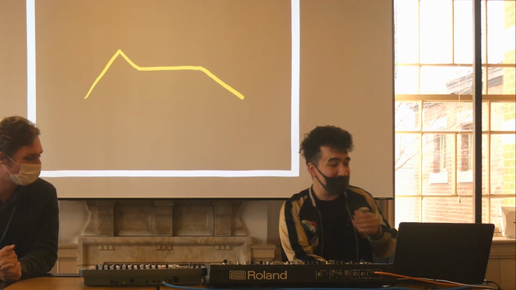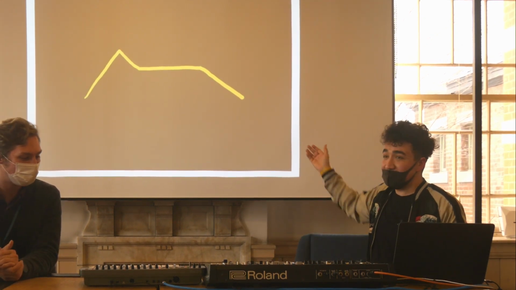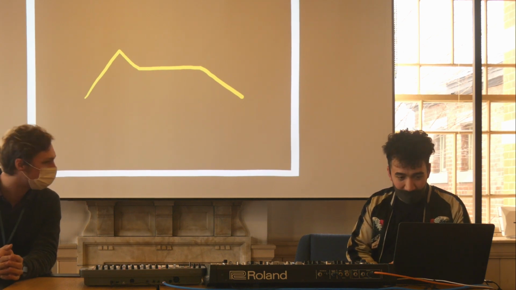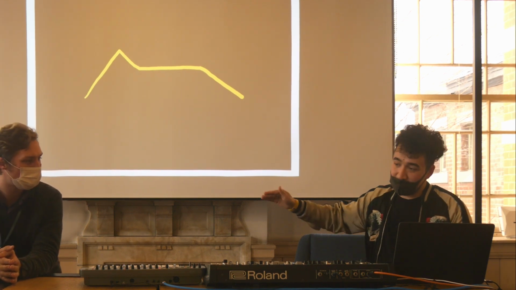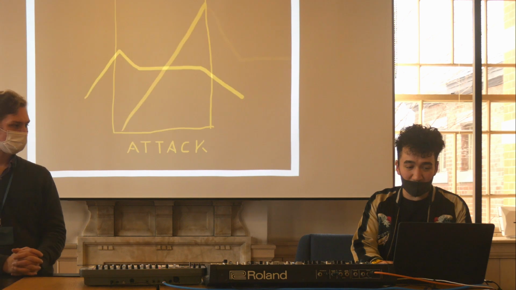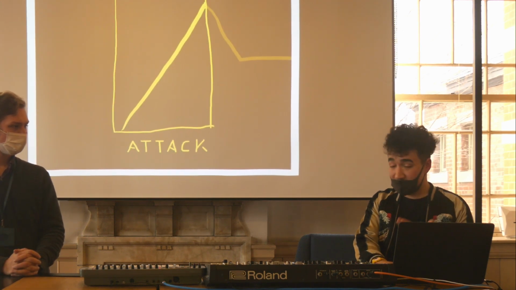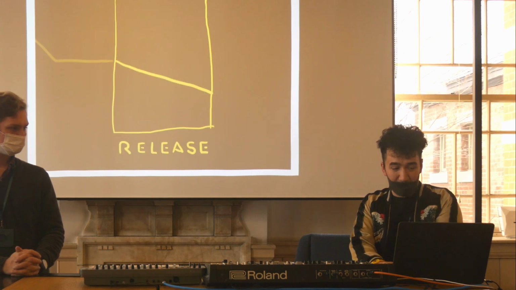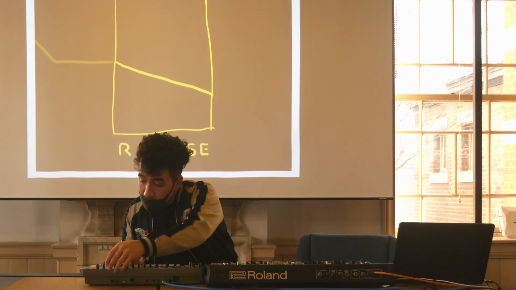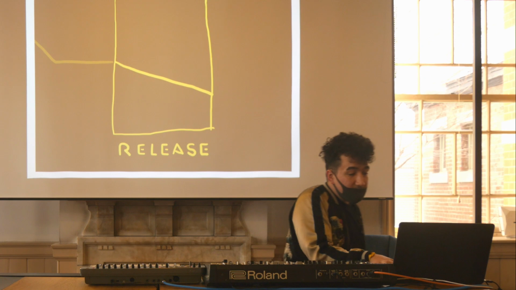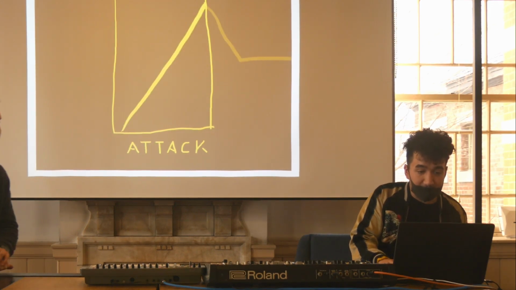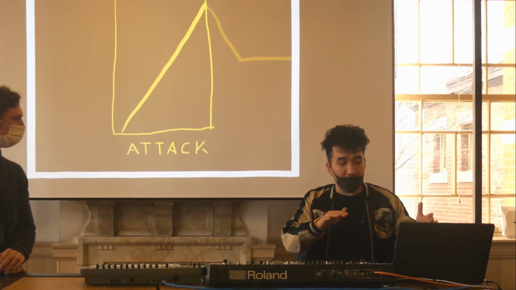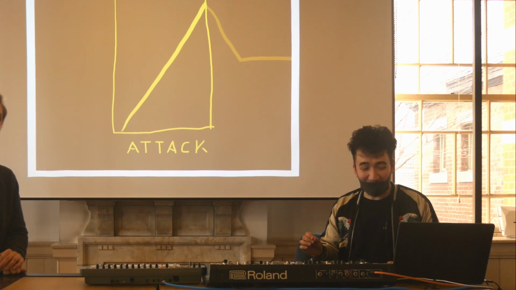Maybe many of you have seen this before. It's a very common symbol in working with synthesizers, and it has four parts: the attack, the decay, the sustain, and the release. What do these different things mean? Maybe I should go back a little bit.